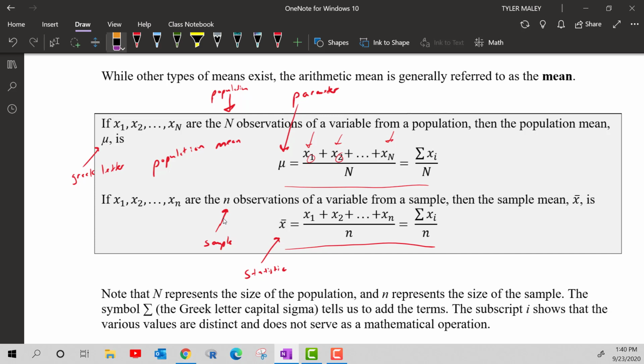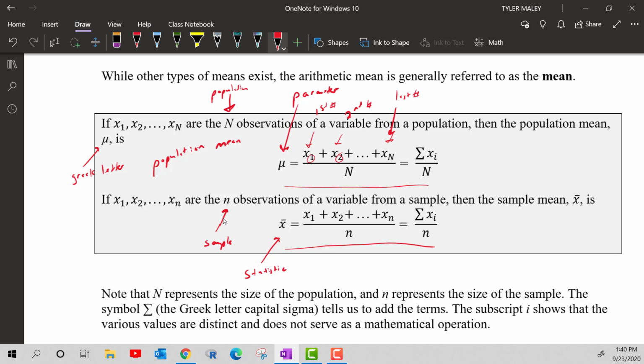In other words, x sub 1 is just my first number, x sub 2 is my second number, and then x sub N would be my last number in the data set, because I have capital N things. So you're going to add up all the numbers together and then divide by capital N.